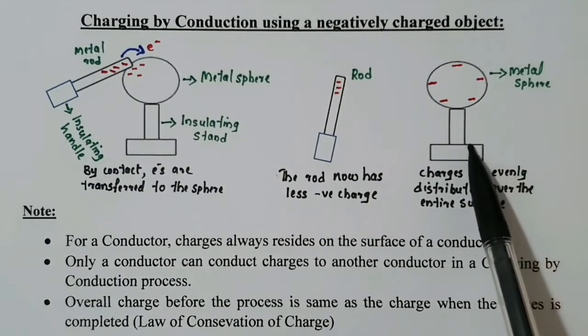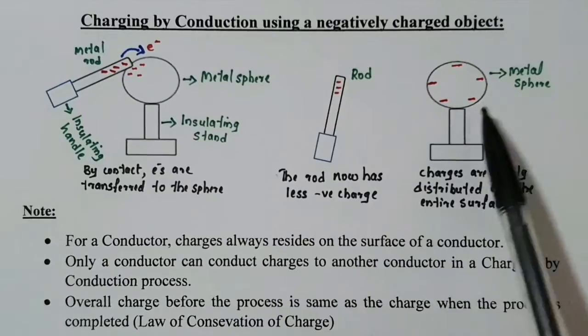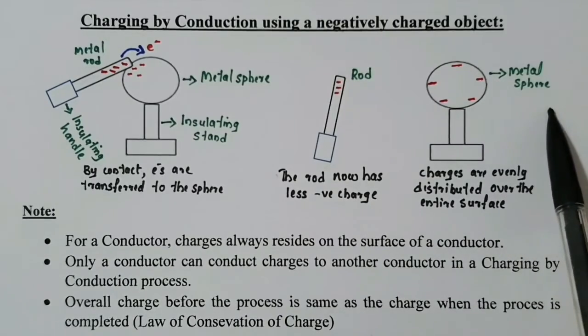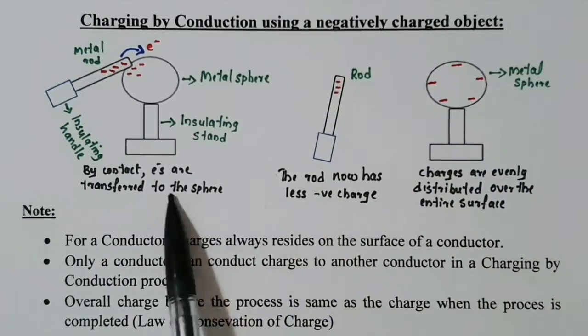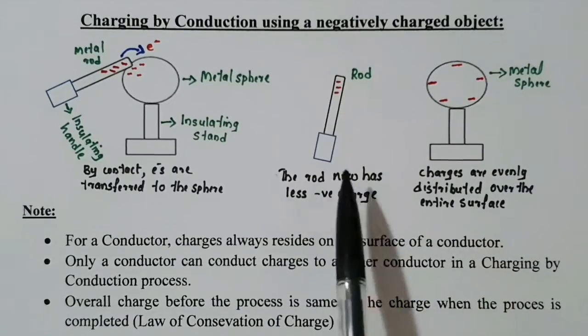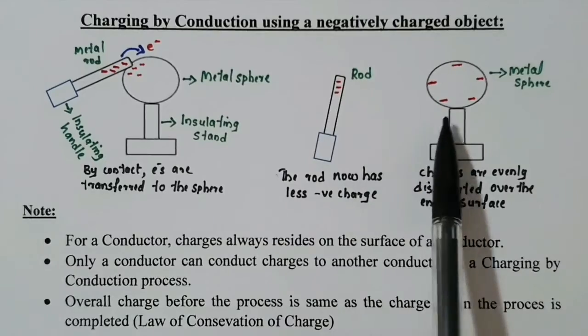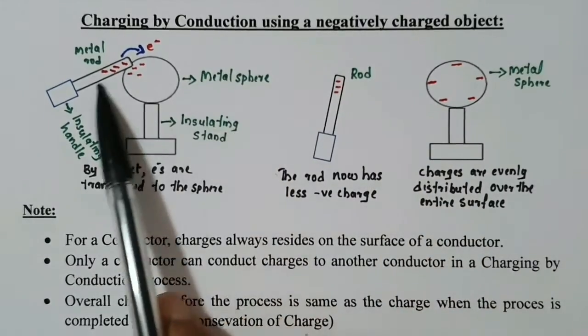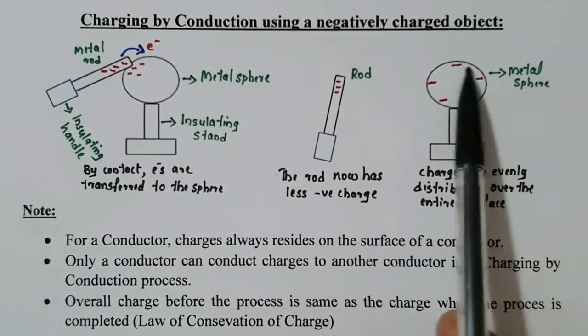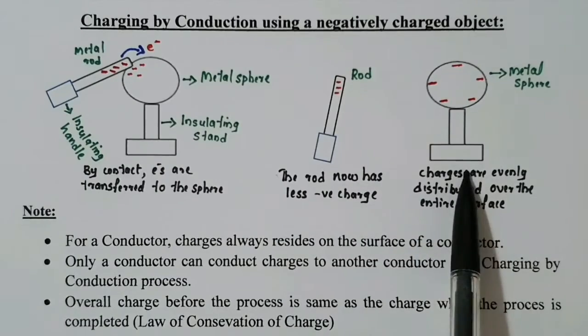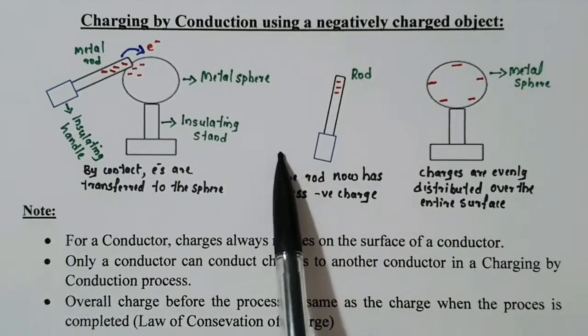So these charges only stay on the surface until there is a source to transfer this charge. Also, after the conduction process, the rod has less negative charge because it lost some of its charges. But the overall charge before and after the conduction process is the same, which means the charges are conserved here.